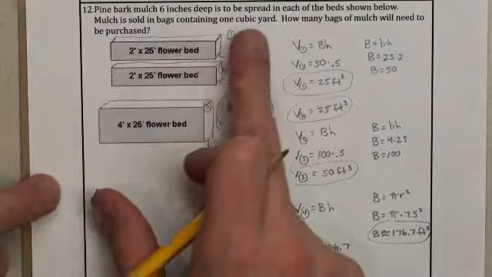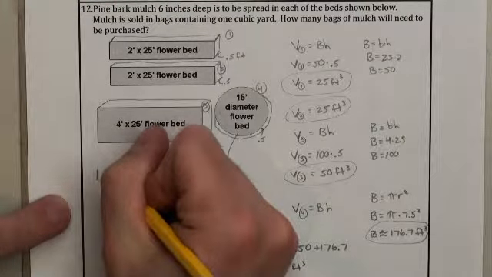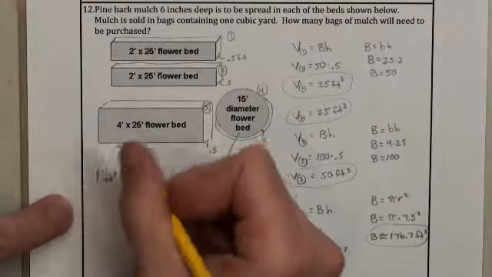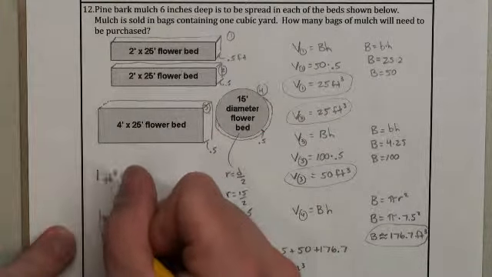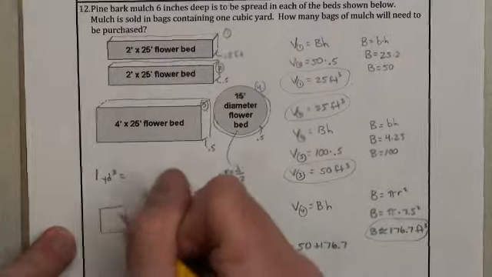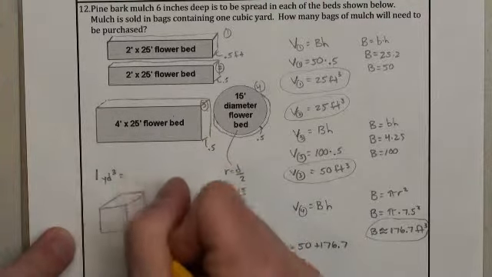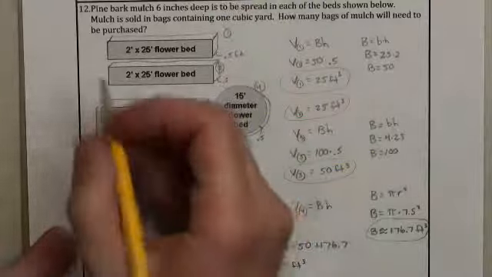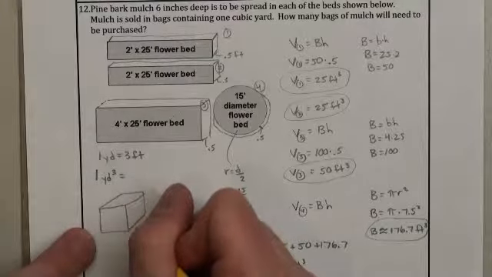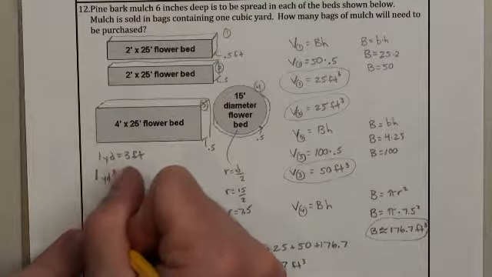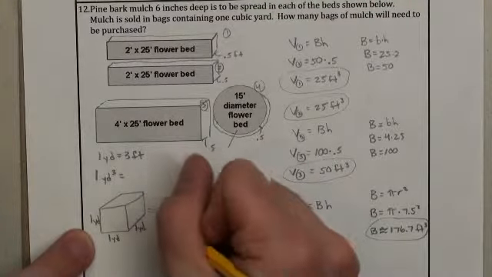Now the bags are in cubic yards, and you have to remember, 1 yard cubed is 1 yard by 1 yard by 1 yard.